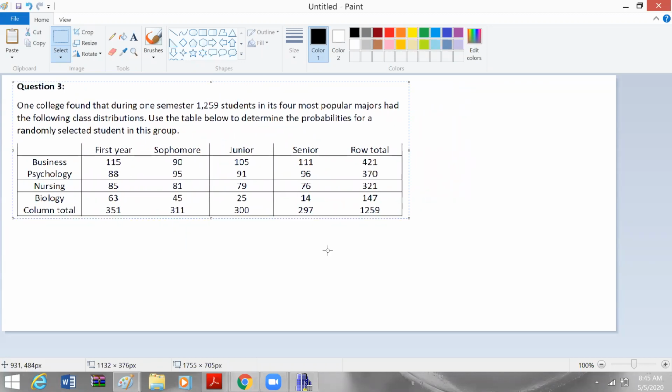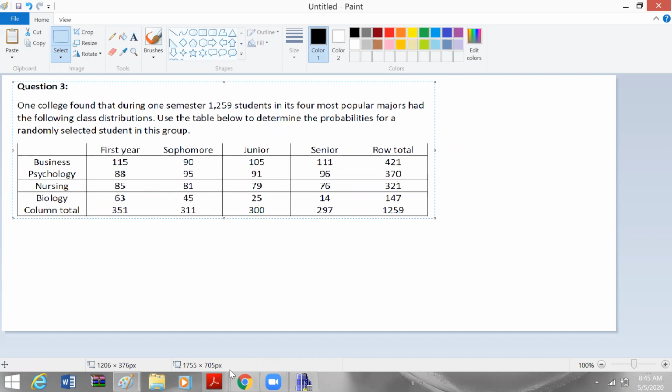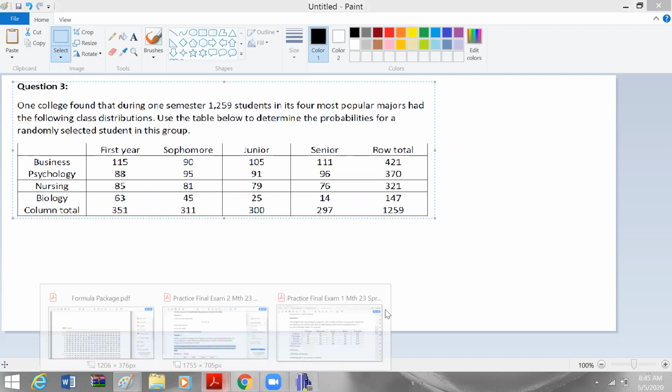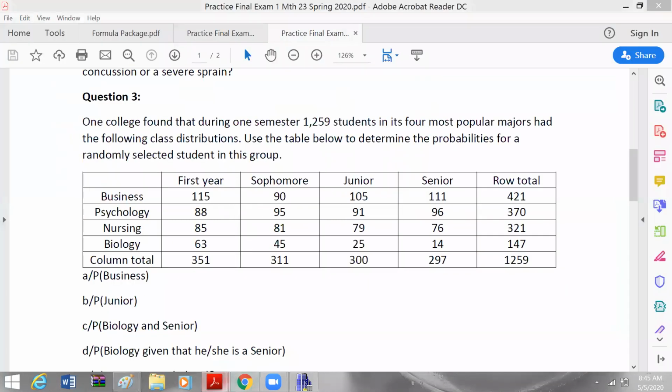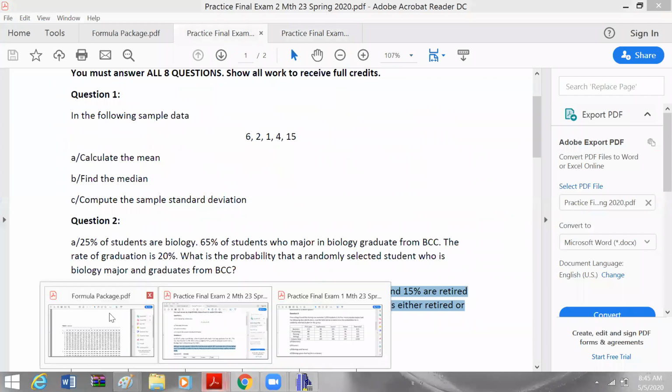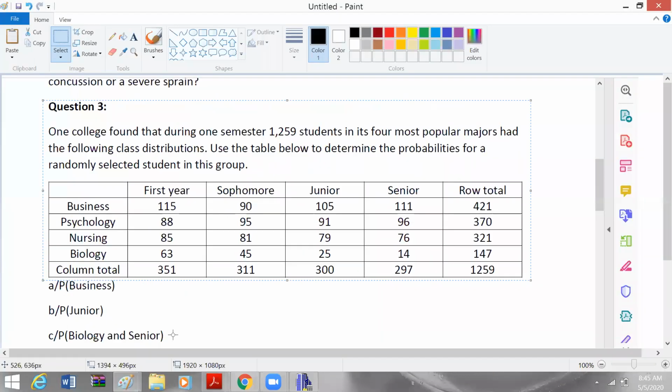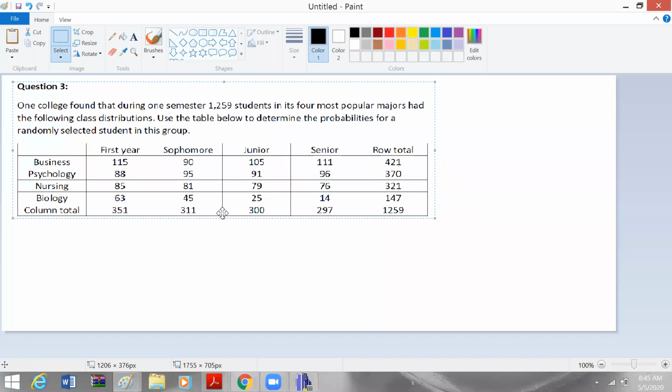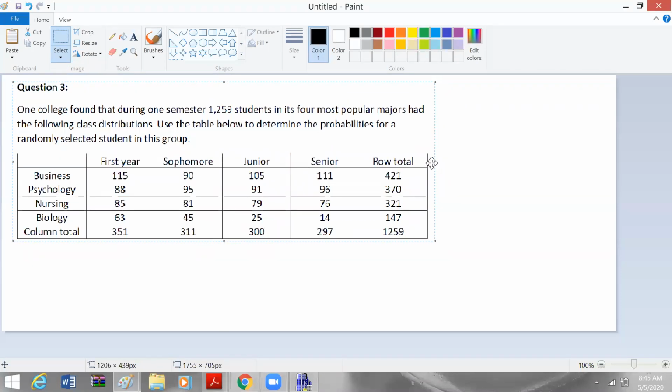Question number 3 is going to give us... I'm not sure why you're missing so many, but anyhow, let's check them and see what it looks like. Why are you missing so many columns?